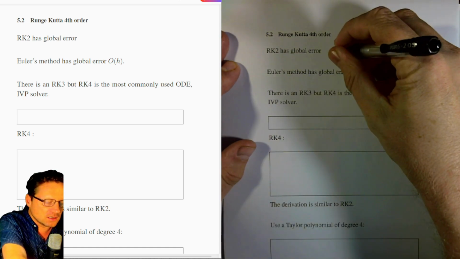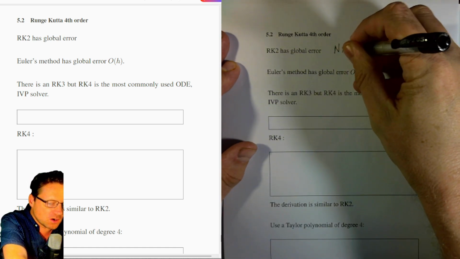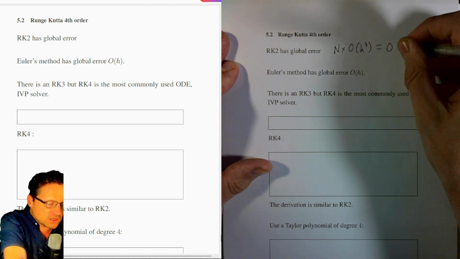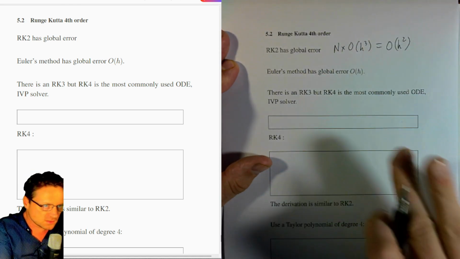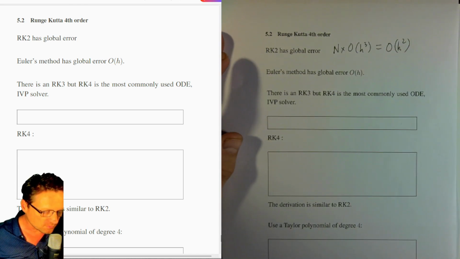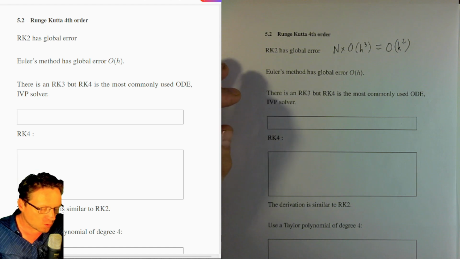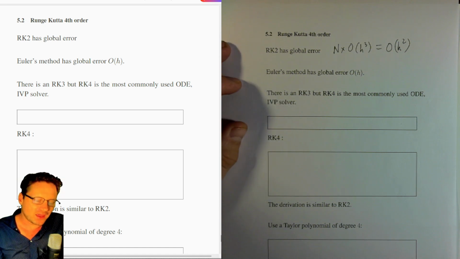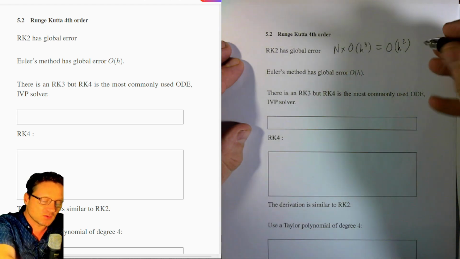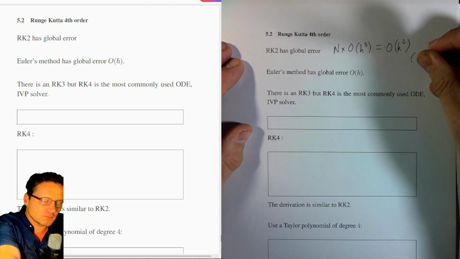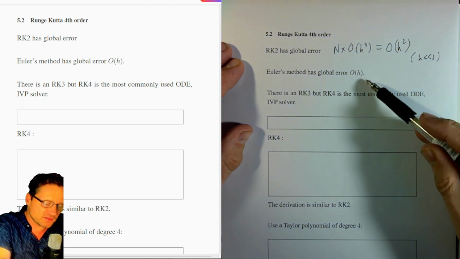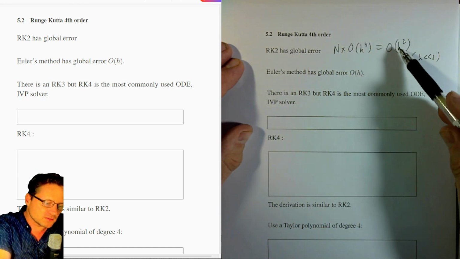RK2 has global error n times O(h cubed), and so this is O(h squared), n being the number of steps. Euler's method has a global error of O(h), and so because presumably h is much less than 1, this is better than this because this will be smaller.